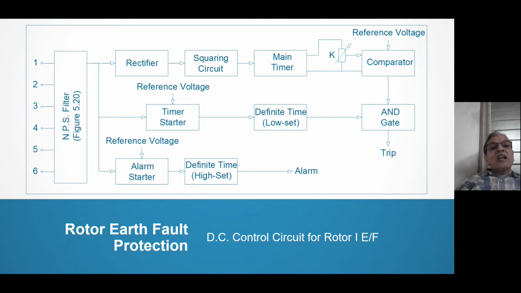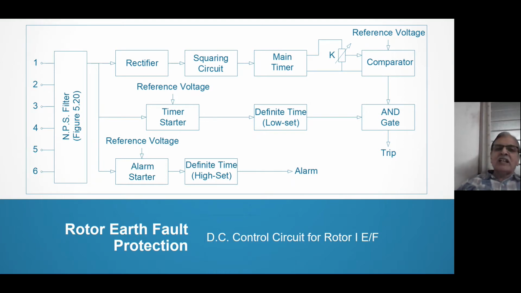That extracted NPS we are passing through a rectifier, because the digital, I mean static, relays deal with DC currents, DC voltages, DC signals. Therefore, it is rectified. On the second side, that AC current is passing through a timer starter.